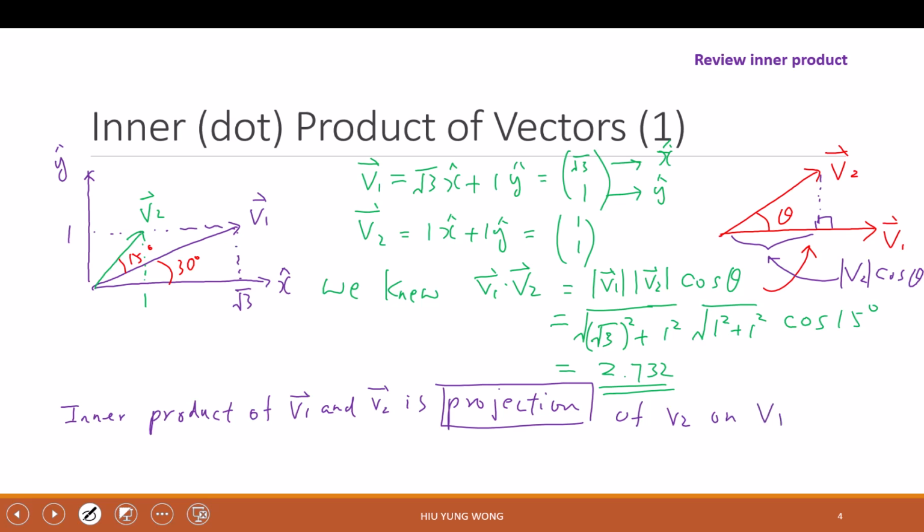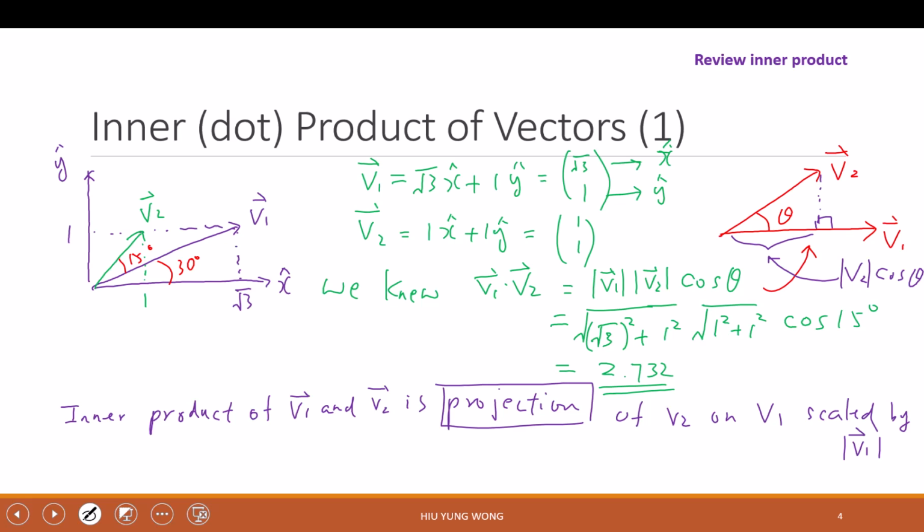So V1 is like the floor, and I'm just standing with an angle, the sunlight shine above, and then my shadow is the projection, right? Projection of V2 on V1. Of course, we further multiply by V1, so it is scaled by the length of V1.